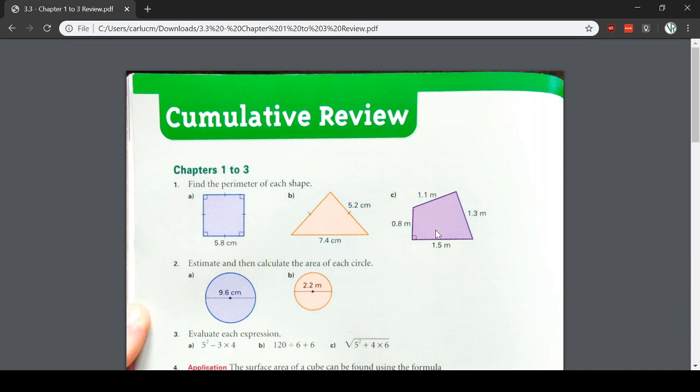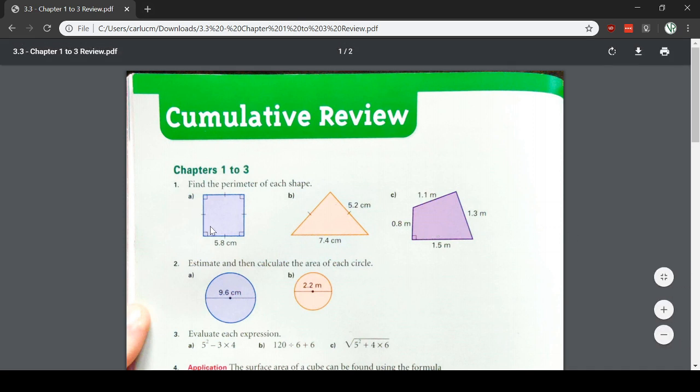It's not actually a square or a trapezoid or anything. It's kind of misshapen. But in all three cases, what we're doing is finding the perimeter, or the distance around the object. Again, perimeter is just the sum of all the sides.